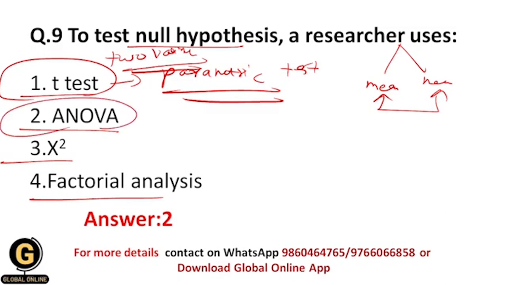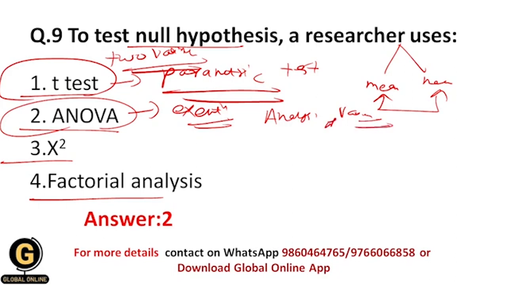ANOVA, what is this? ANOVA is the extension of the t-test. I mean to say, this test is based upon the t-test only, but it is an advanced t-test. Here we are going to analyze the variance basically.